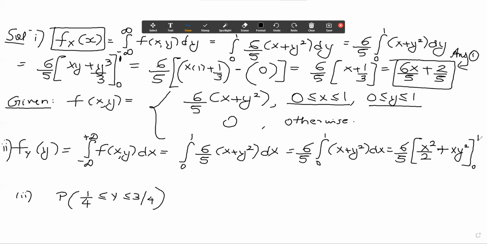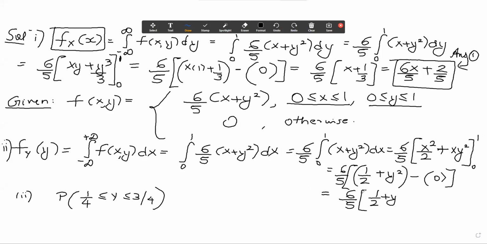So then what will it come out? Now it's easy. This is 6 by 5 times, put x as 1, so 1 by 2 plus y square, minus put x as 0, you get everything 0. So my answer comes out as 6 by 5 times half plus y square.